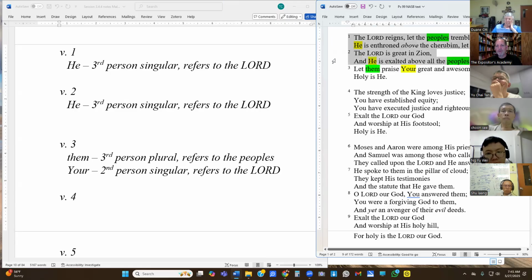So in verses 1 and 2, he's making a general statement, a general declaration. The Lord reigns. He is enthroned. So he's speaking to the peoples, the world. But then in verse 3, it's made personal when he says, now let them praise your name, God. So he's speaking to God at this point. So there's a shift, there's a change. You want to take note of that. Why does he do that? What's the significance of that? Is there significance?